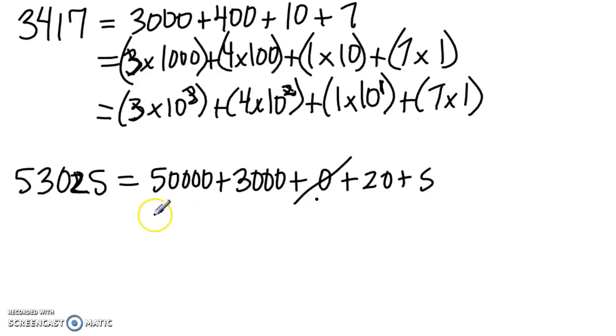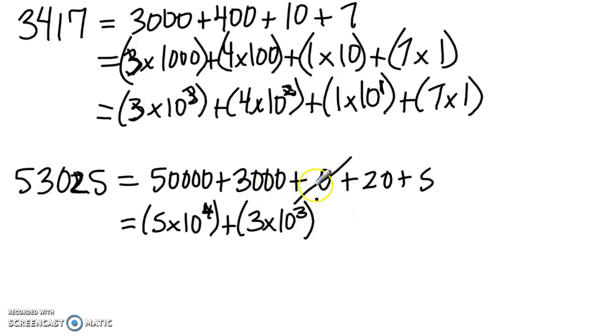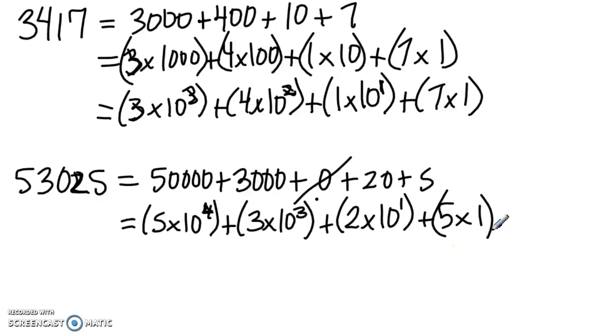Let's see if you can follow me along if I just go straight to the last step of writing 5 times 10 to the 1, 2, 3, 4 plus 3 times 10 to the 1, 2, 3. Leave that one out. 2 times 10 to the 1, 0 plus 5 times 1.